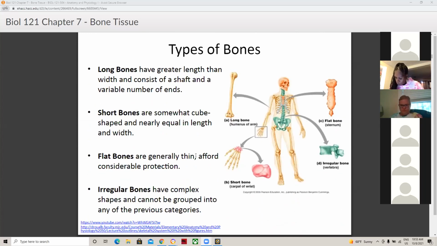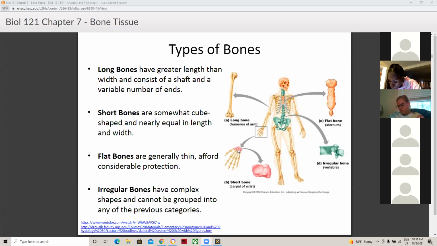Different types of bones. We have long bones that have a greater length than width and consist of a shaft and variable numbers of ends. We have short bones, like the carpal bones, that are somewhat cube-shaped and nearly equal in length and width.